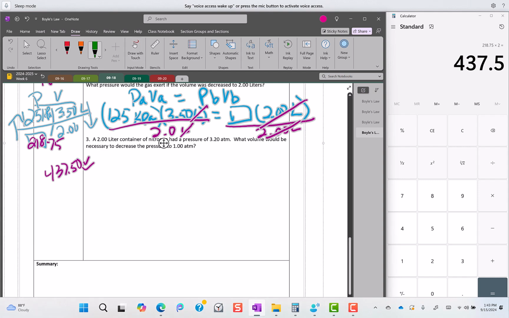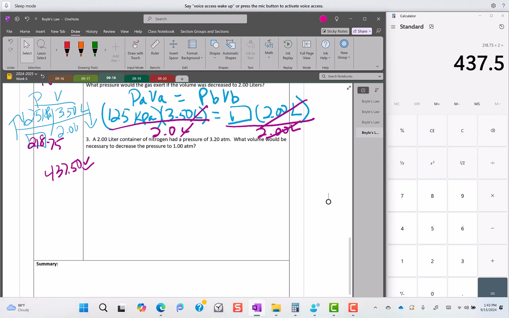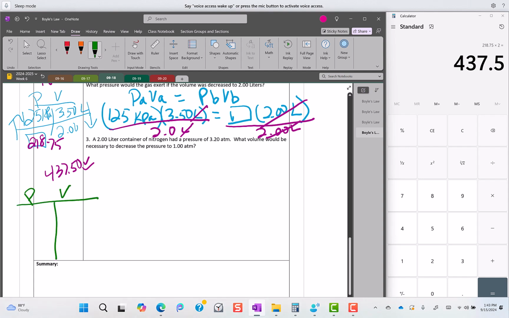All right, so a 2.0 liter container of oxygen gas is at 3.2 atmospheres. What would the volume be necessary to decrease the pressure to 1 atmosphere? All right, pressure and volume. 2.0 liters, that's volume. Had a pressure of 3.20 atmospheres.